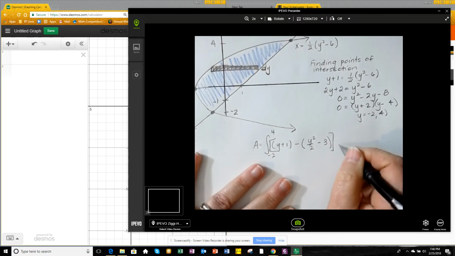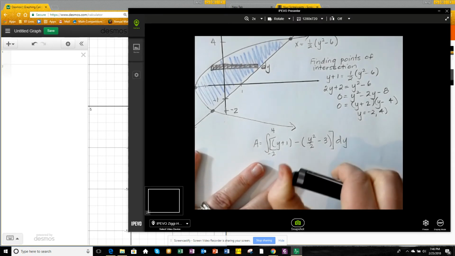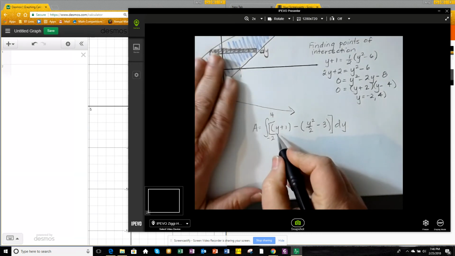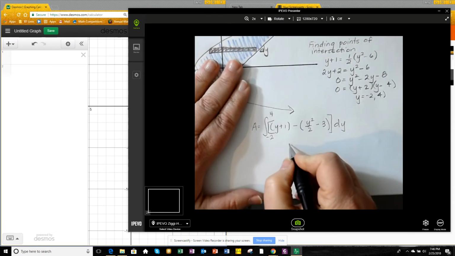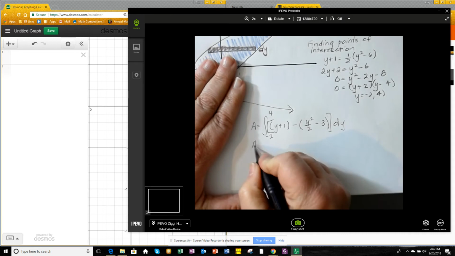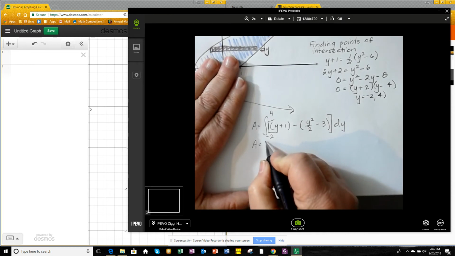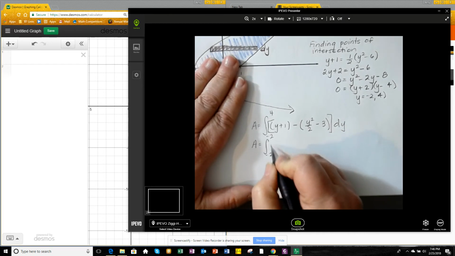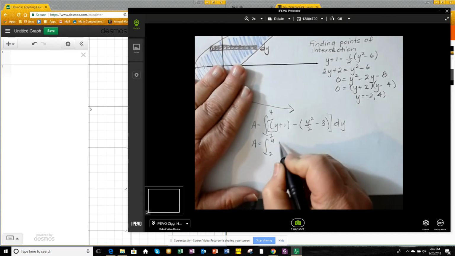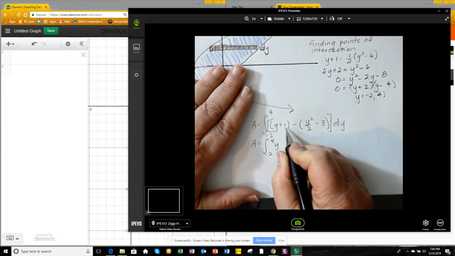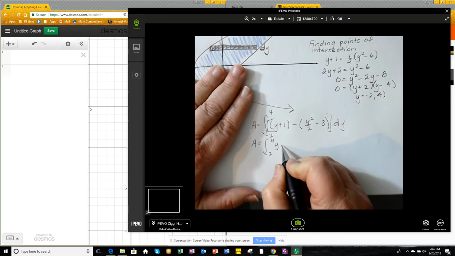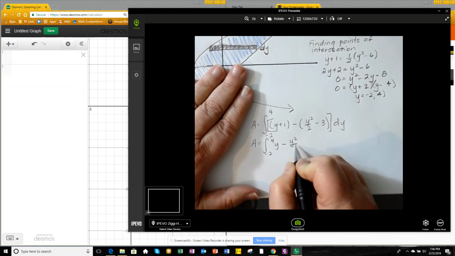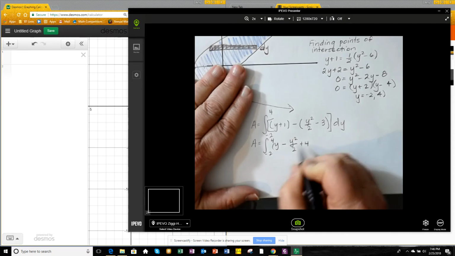I think it's going to make it easier, dy. Okay, now when you integrate this, let's simplify first. Area equals the integral from -2 to 4 of y plus 1 minus a minus 3, so it's going to be 4. So it'll be y minus y squared over 2 plus 4 dy.